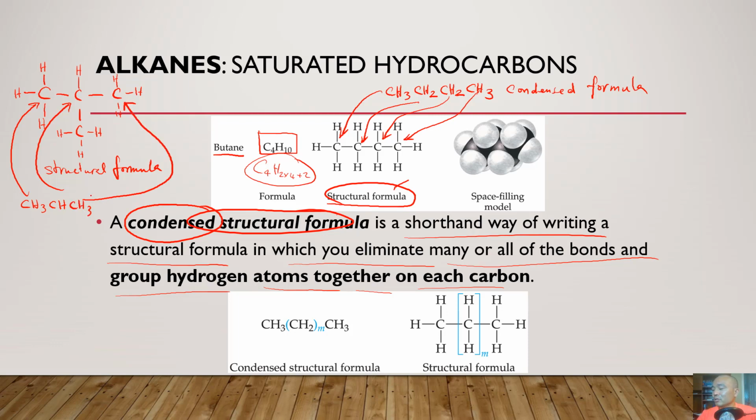Now the middle carbon is connected with a CH3, so we write a vertical line to represent a single bond connecting with the CH3 group. And this structure, as you see over here, is called the condensed formula, or condensed structural formula, the same thing.